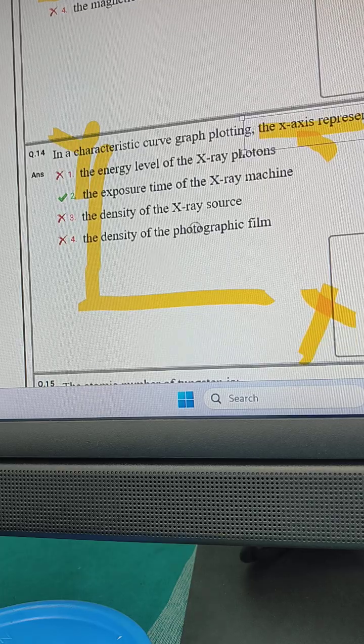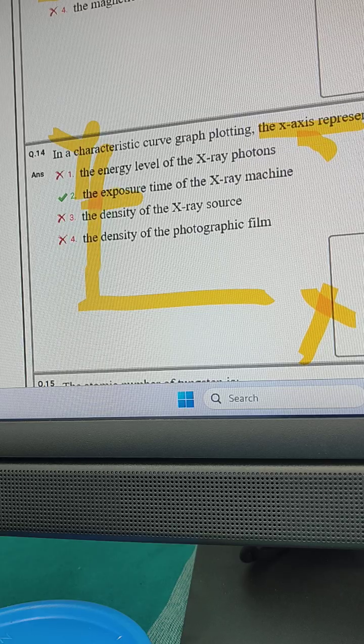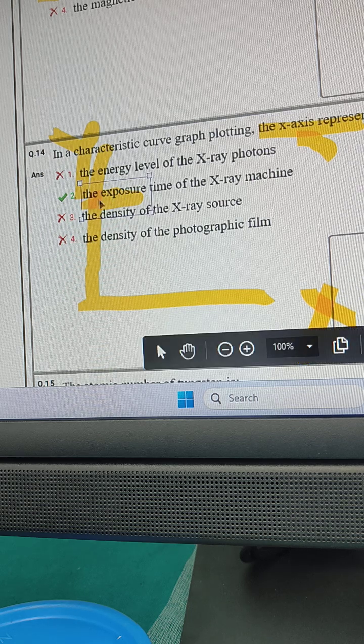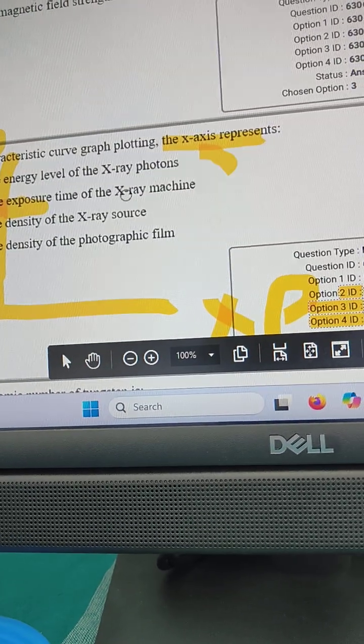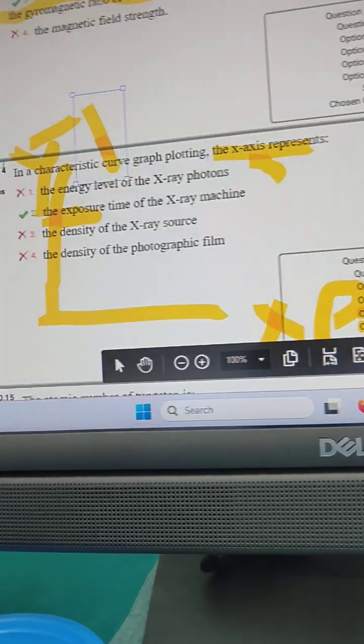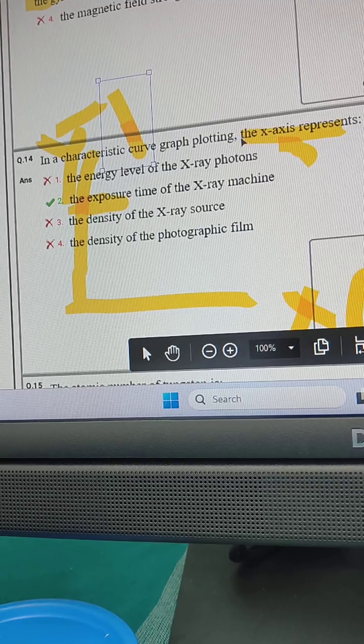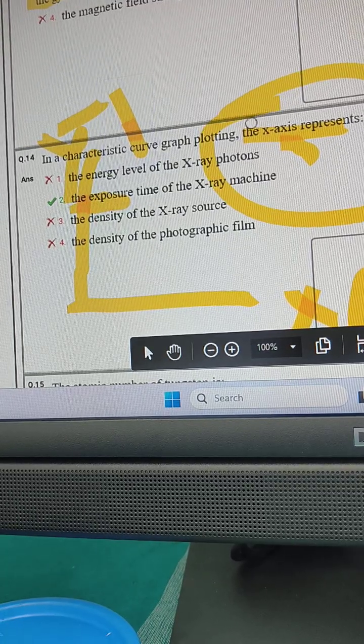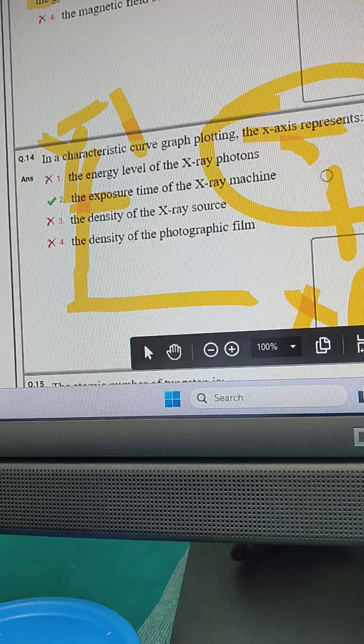X is represented by the exposure. Remember, x is for exposure, and the y-axis is the density. So the correct answer is B.